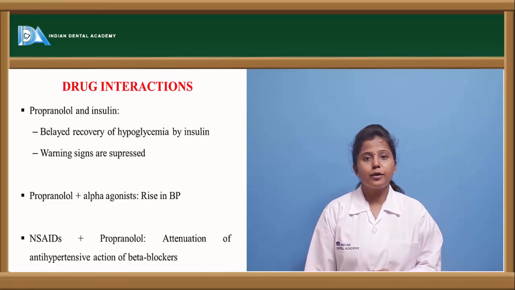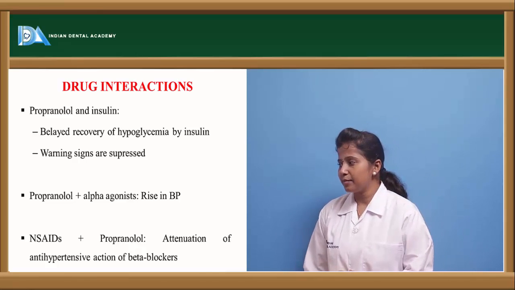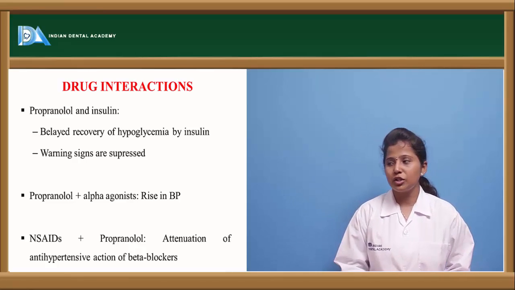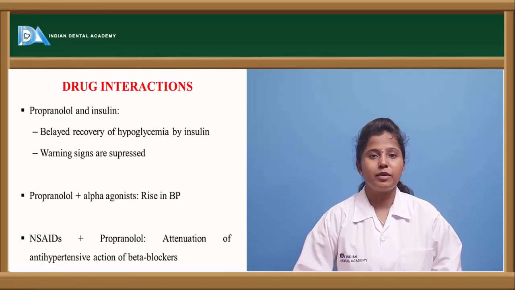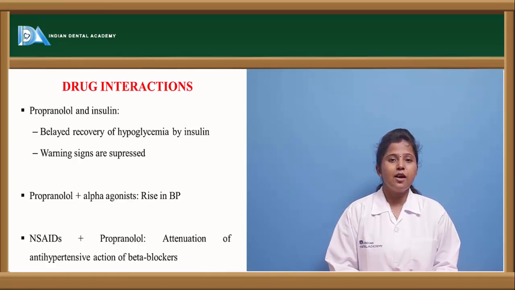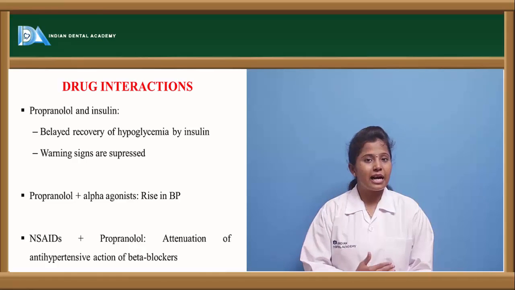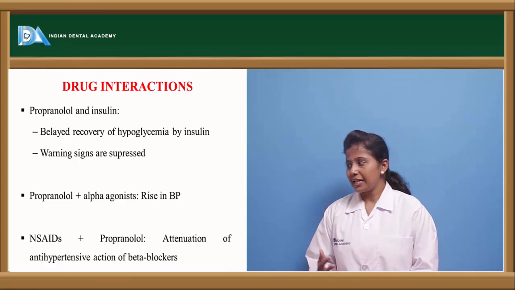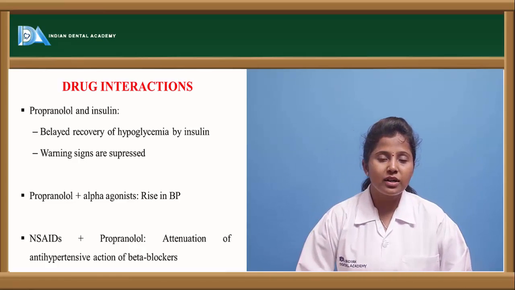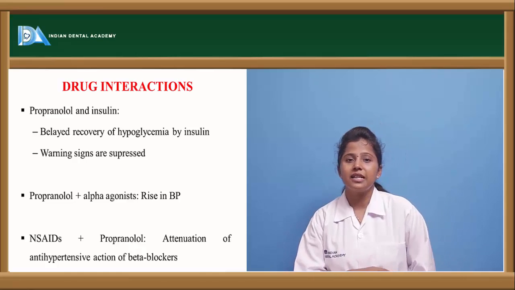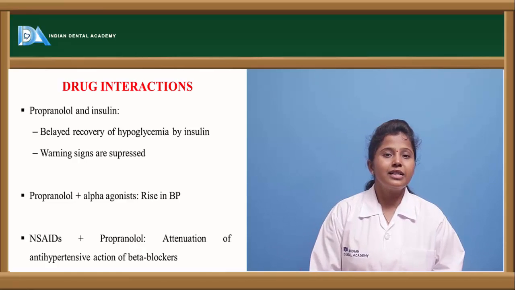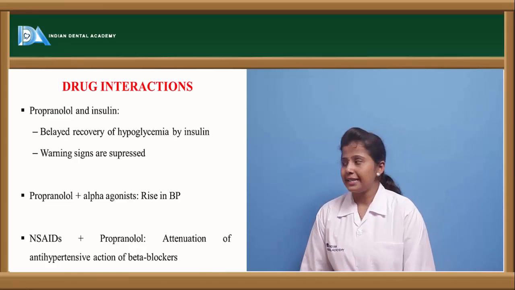Propranolol should be contraindicated with NSAIDs because it causes attenuation of the antihypertensive action of beta blockers. Attenuation is nothing but almost extinction. So the antihypertensive activity of these beta blockers can be nullified, or we can say they show no effect when propranolol is given with NSAIDs.